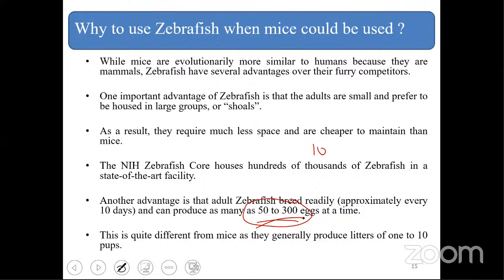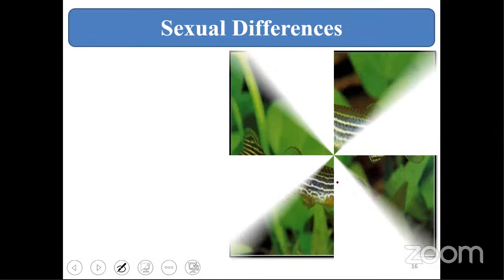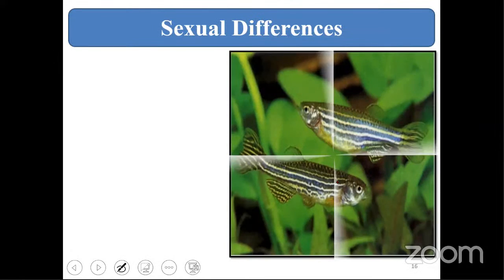At minimum 200, so there is no chance of the species being destroyed. That's the reason we are using mice as an animal model, compared to this species. And now, coming to the differentiation of sex in the fish.